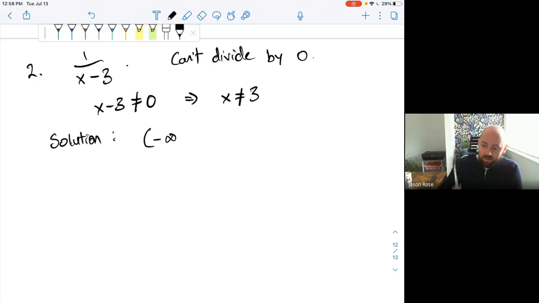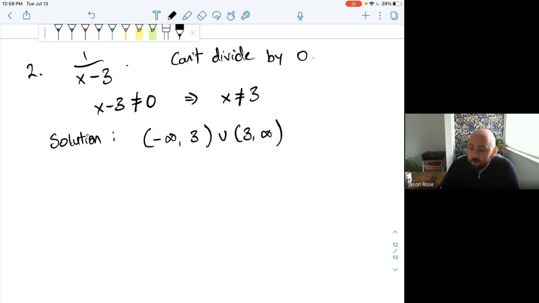Yeah, no, interval notation I'm looking for, Stephen. It's going to be minus infinity to 3, union 3 to infinity. Okay. This describes every number except for 3 because I have the soft brackets, the open or soft brackets around 3.